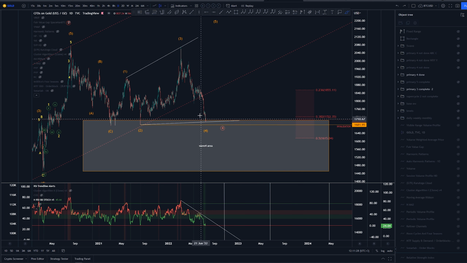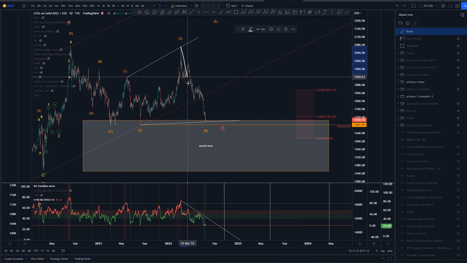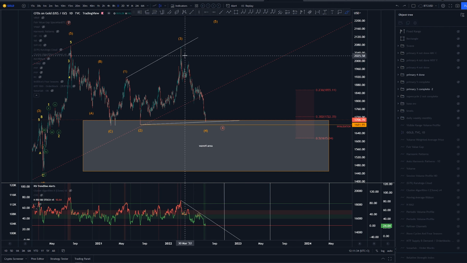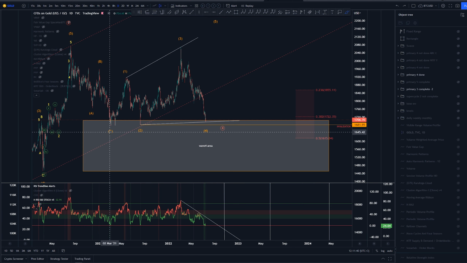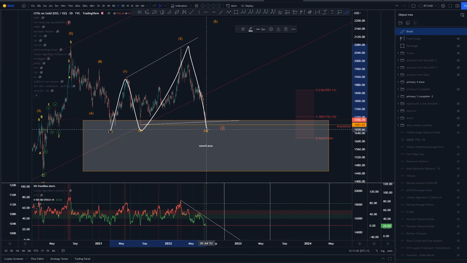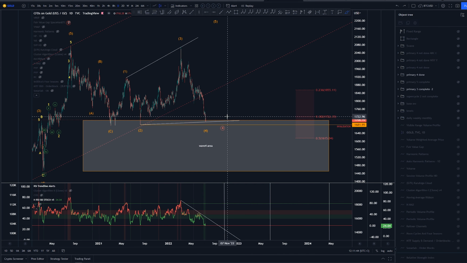At the moment I don't see this possible at all, as I don't see this being a 3-way move. This looks more like a 5-way move, but again, if we are overlooking the structures and just looking at this higher time frame, then we could still be playing this, I guess.